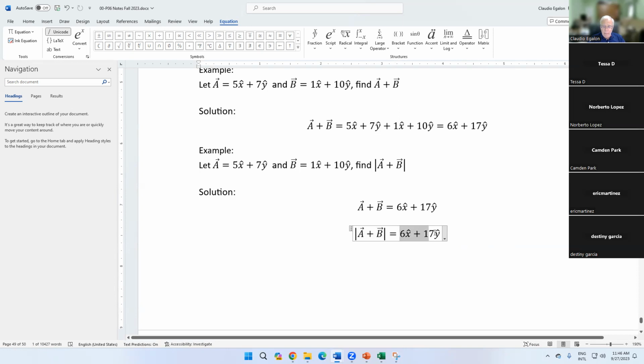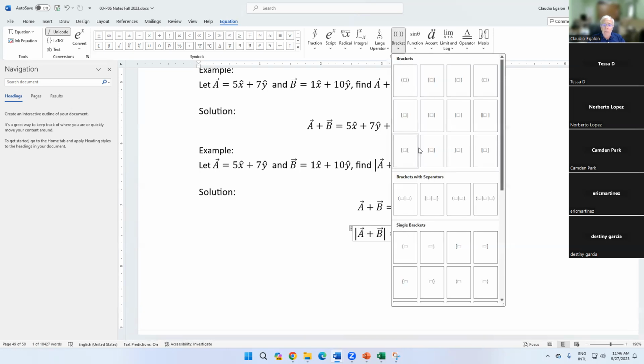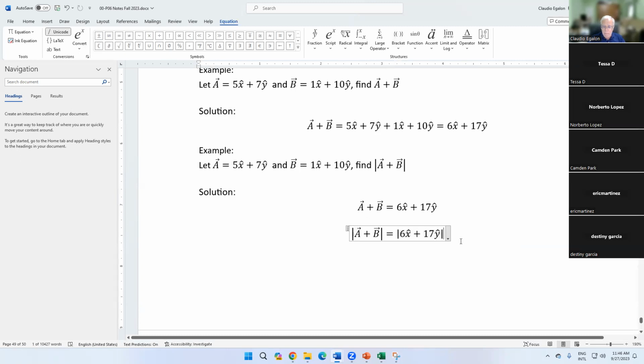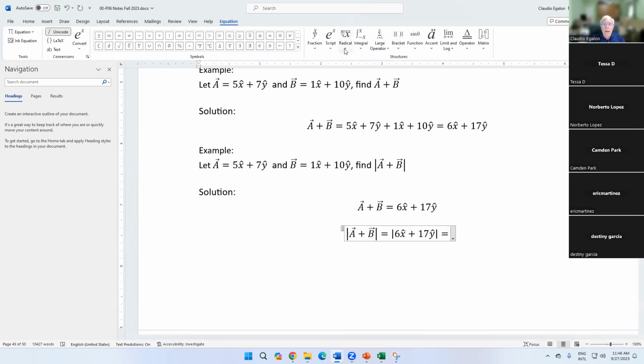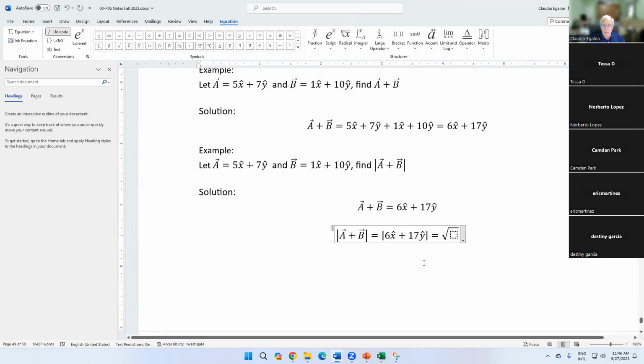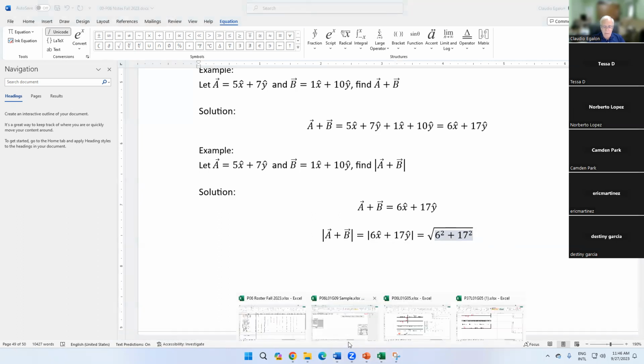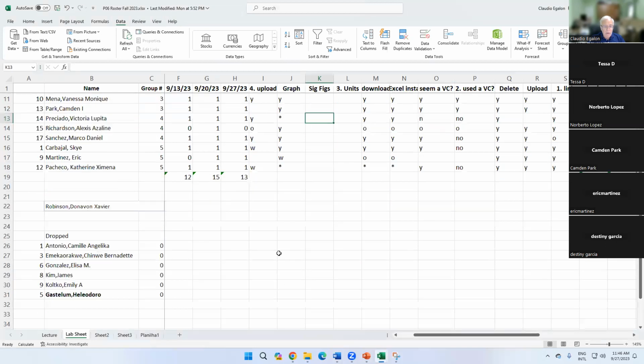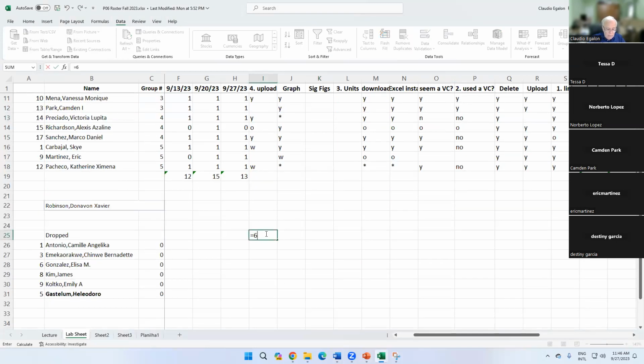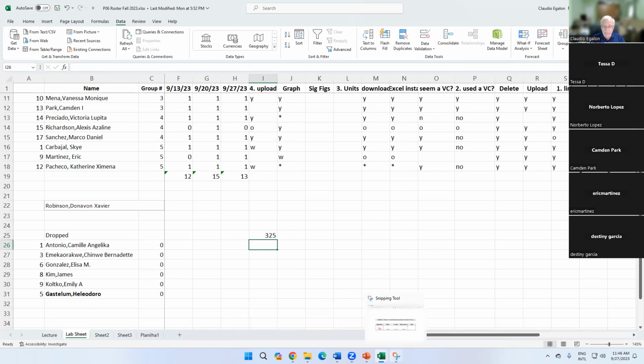In order to apply the Pythagorean theorem, we use the equation for the Pythagorean theorem: 6 squared plus 17 squared. And you do the math. We can do that in Excel. Let's see what we get. 6 squared plus 17 squared. I'm getting 325.